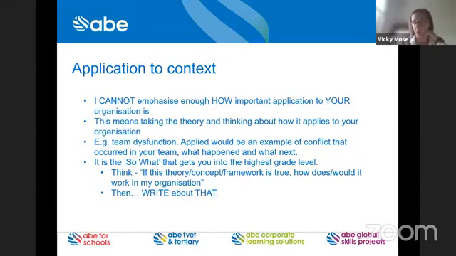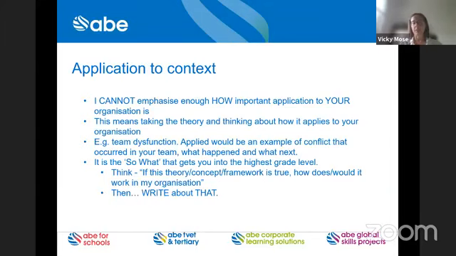The application of context as well. This is really important, and this is, as I've said, why we asked you for an organisational summary and why in the questions we say in relation to your chosen organisation or an organisation of your choice. So there it says at bullet point 2 what I've just previously said, that this means taking a theory and thinking about how it applies to your organisation rather than just talking about a theory.